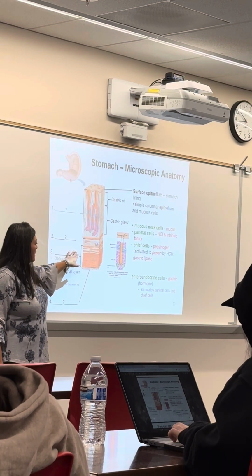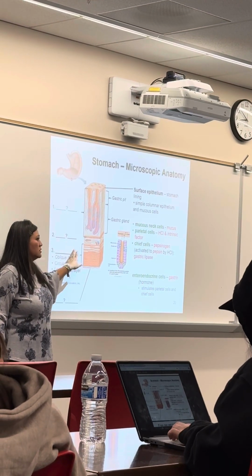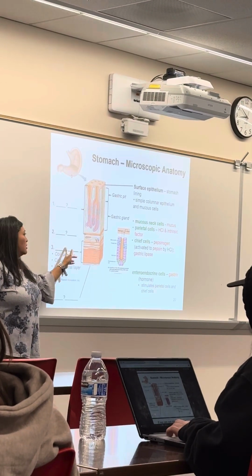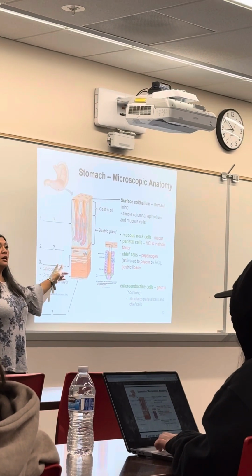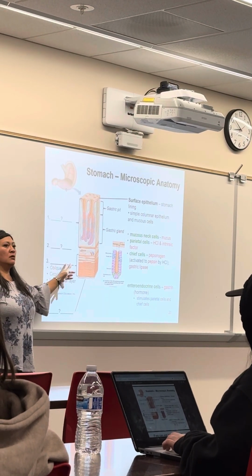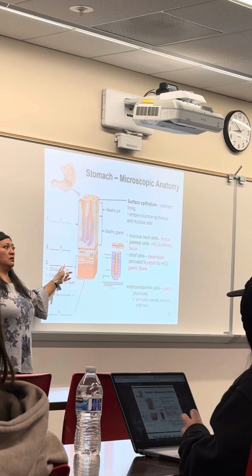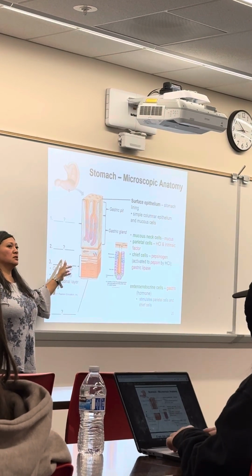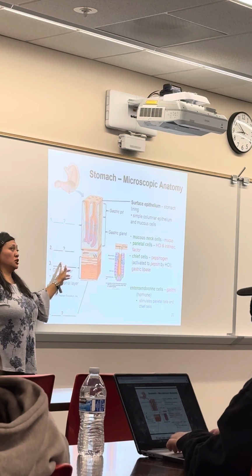What is this layer over here, deep to the serosa? It is made up of smooth muscle. What do you call this one? Especially if you attended Thursday's lab. Muscularis externa.